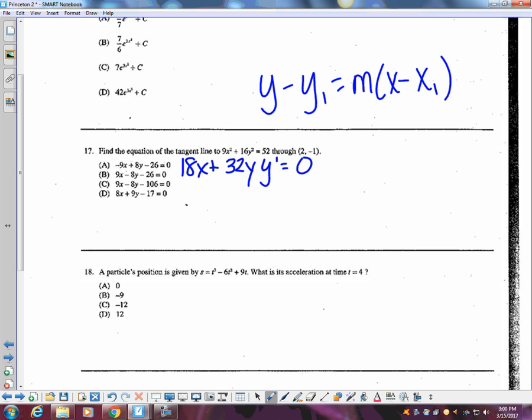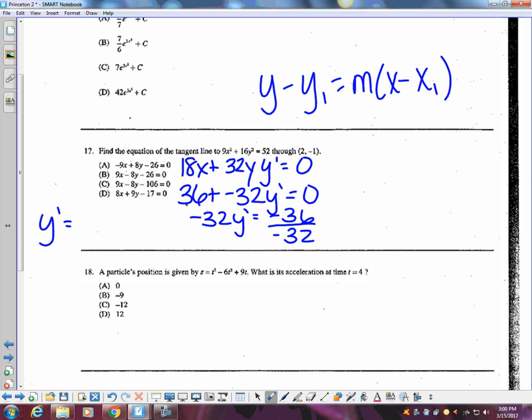The dy dx does help us not try to plug anything in for that. 18 times 2, 36 plus negative 32 y prime equals 0. Subtract the 36 over, and then divide by negative 32. Reduce by 4. 9 over 8.